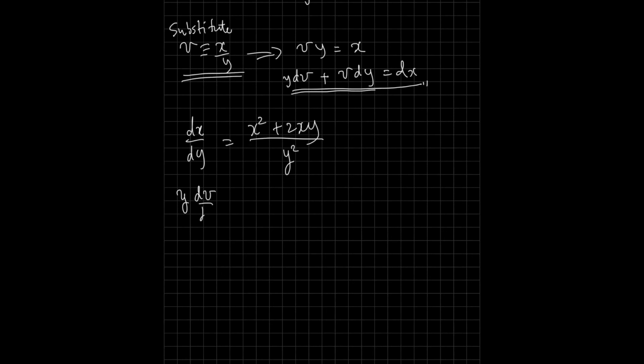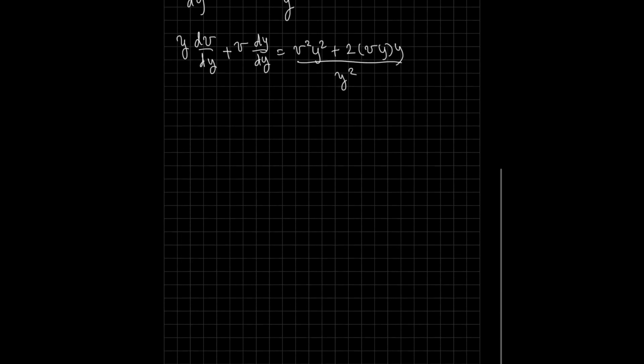So what we have is y dv/dy plus v times dy/dy, but dy/dy is just 1, right? And here we have x squared, and we know that x is vy, so what we have there is v squared y squared, plus we have 2xy, so let's replace the x with vy. So you will have 2 vy y all over y squared.